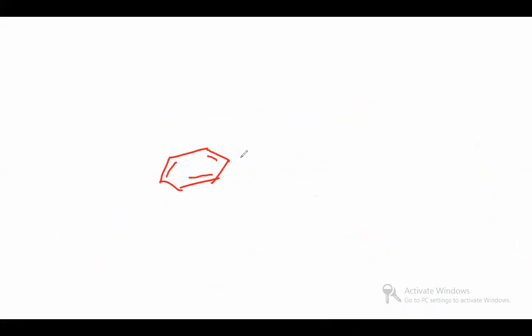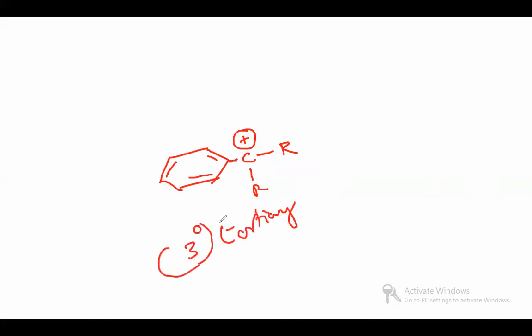To this a carbon is attached. If the CHR group attaches to two other groups, here R group, here R group, then it will be a tertiary benzylic cation, 3 degree. This one is the most stable, more stable than secondary, 2 degree, and primary, 1 degree.